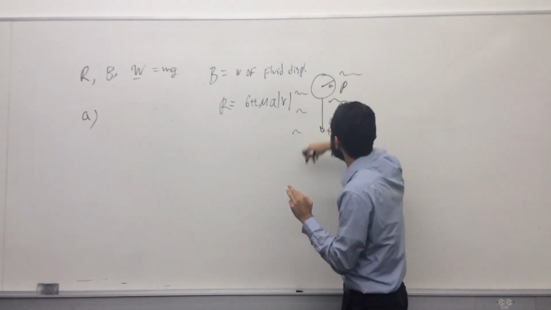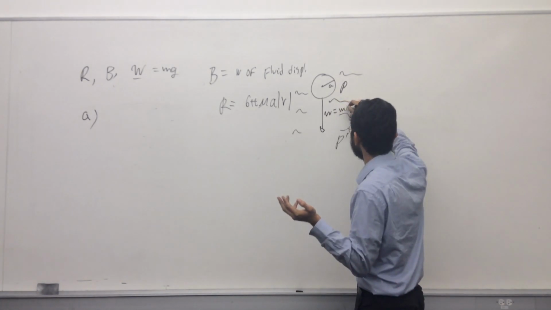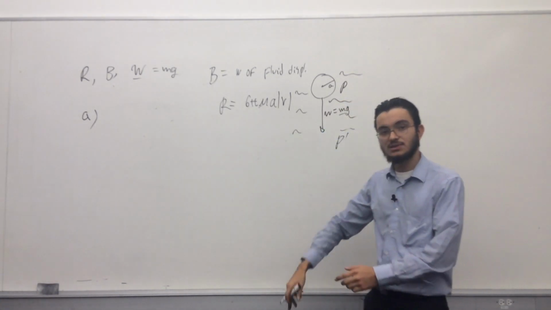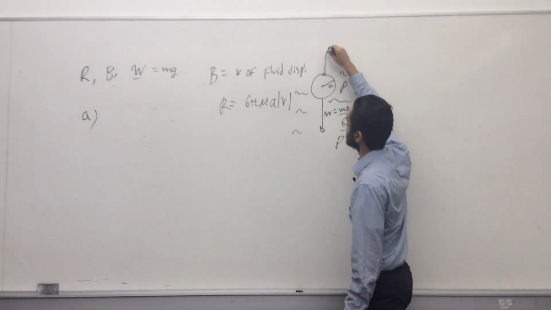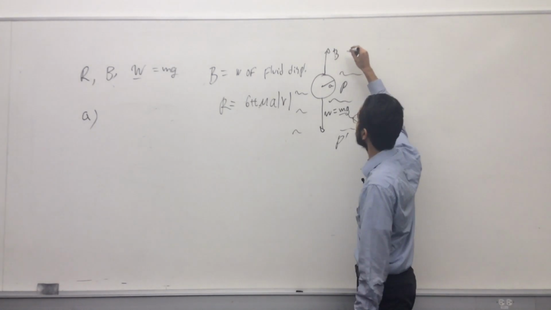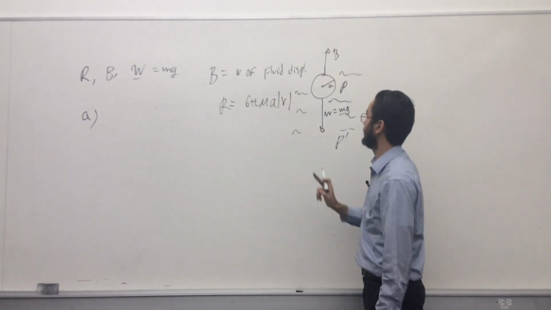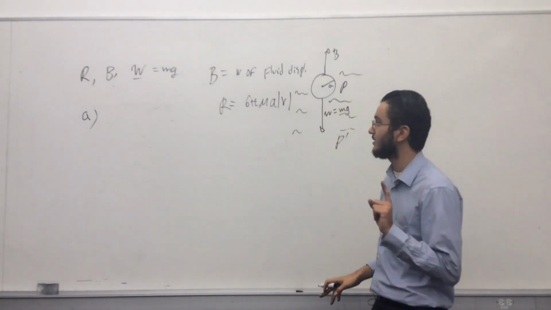We've got the force of gravity going down, which is the weight, in other words mg. And also we've got the buoyant force B, which goes in the opposite direction, upwards. We know that's going to be the weight of the fluid displaced. Let's wait a little bit and I'll tell you what that means.